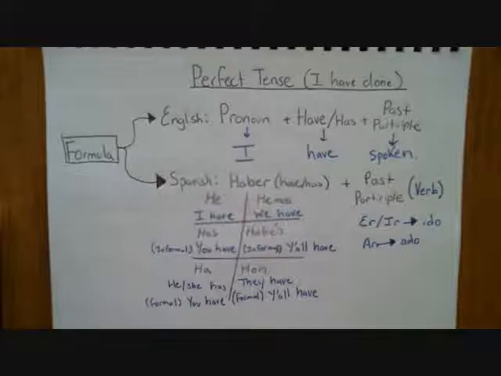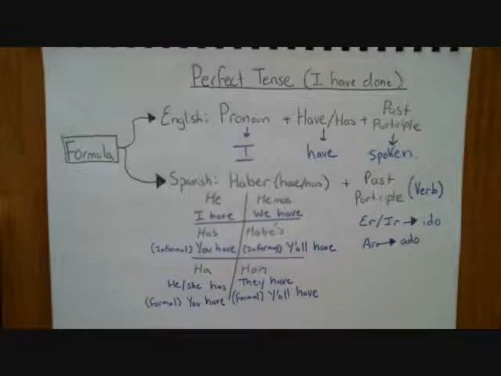Now, haber means have, but do not get confused. This is not have like I have $3 or I have a cat. This is have in the sense I have already done this. She has already eaten. See how in that sense there's no possession expressed? Tener is what you use to express possession, but to express events that happened in the past, that form of have is haber. That is the verb you use.